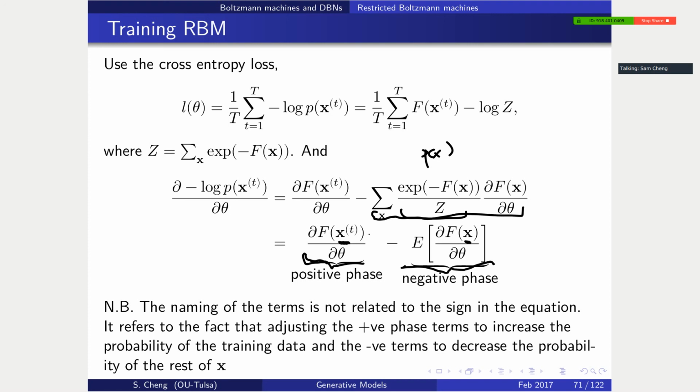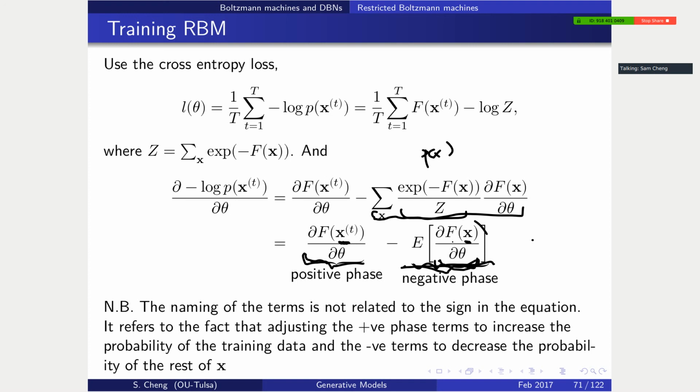So in practice, because this is trying to compute an expectation of this guy, I just take an average of this guy. So we can really do Monte Carlo to approximate that. For example, we can sample several of this x here, then compute this partial f(x) partial theta, and then take the average. And we can go even more extreme: we don't even sample a couple of these x, we just sample one as a representative.